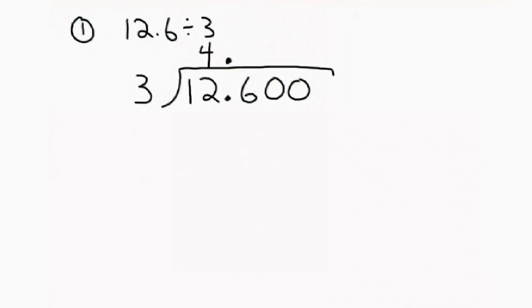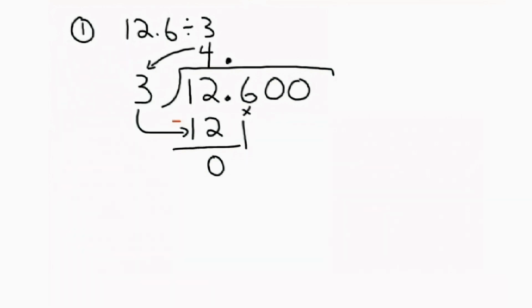And now we multiply 4 times 3 and write the result, 12, underneath. We then subtract out, and we get 0. So in fact, 3 goes into 12 exactly 4 times, but that's fine. Now we carry down the next number, and if the first one is a 0 here, that's fine.